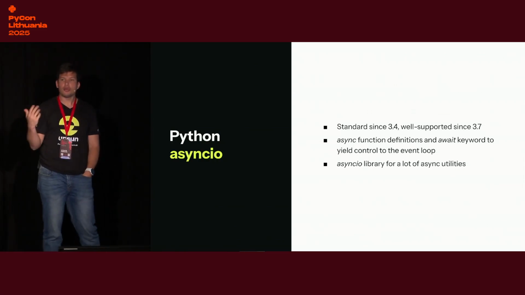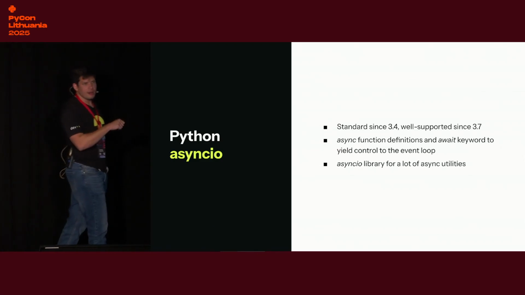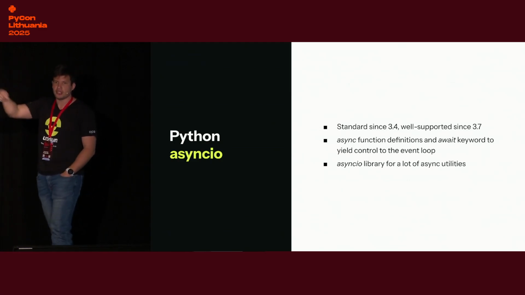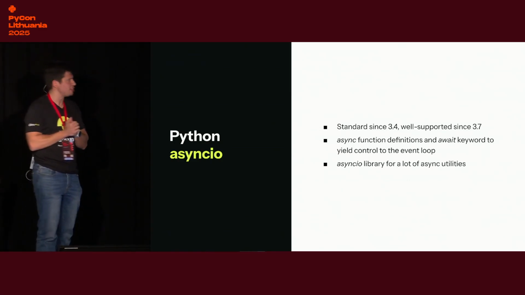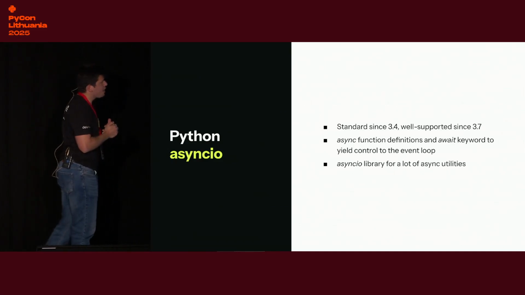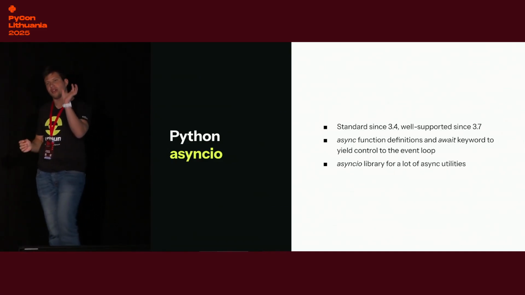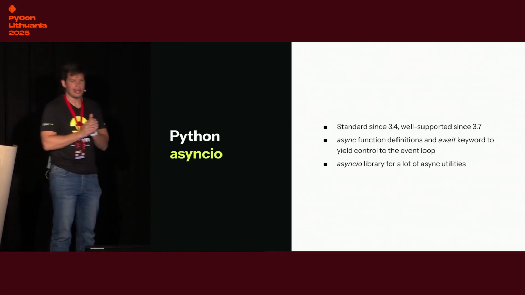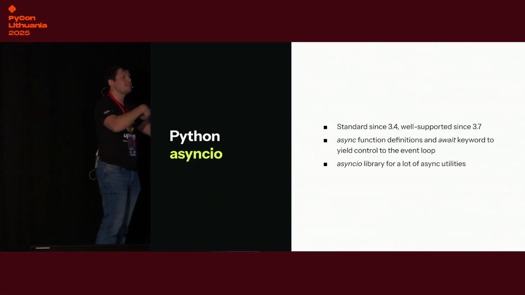It introduces two new keywords in Python. The first one is async for Python function definition, so we can annotate that the function is asynchronous, so it can leverage all those coroutines and all those things that we've been talking about. And the second thing is await. So await is the moment that our program, our coroutine, is going to signal the event loop that, okay, this is something that might take some time.